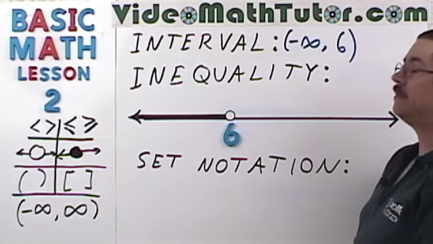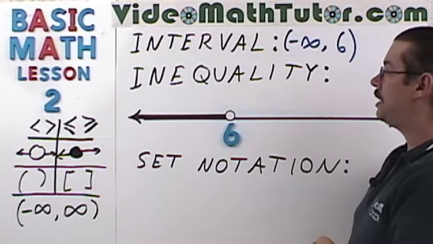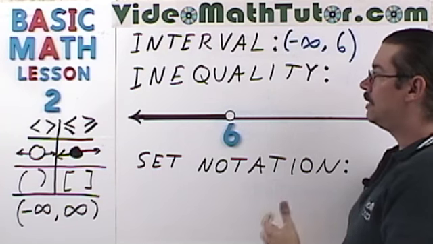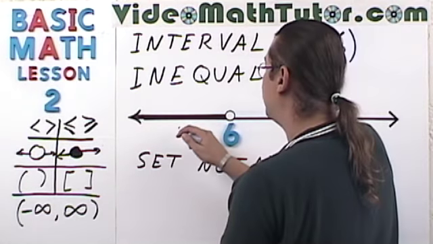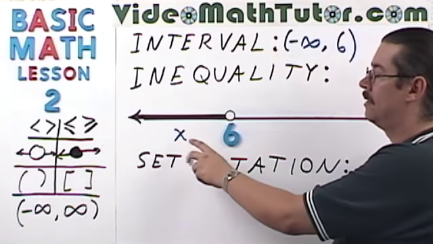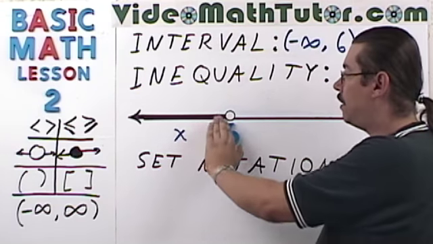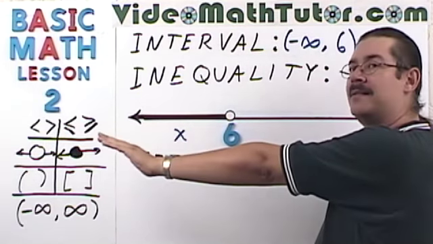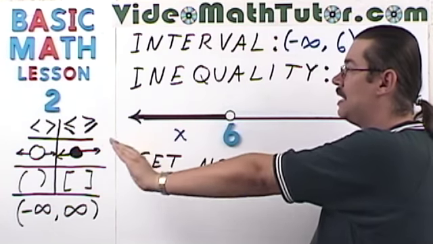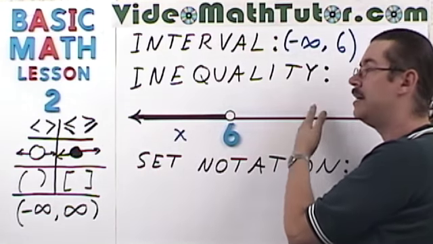Once you have the interval notation, inequality notation is pretty easy. What you need to do is realize that this shaded region represents my x's. So what is the value of all these x's? Well, my x's are all less than. You see that? They're all less than 6. If they're greater than 6, they would be to the right.